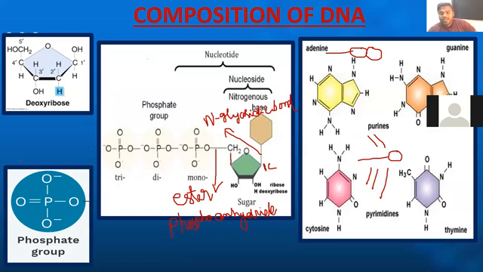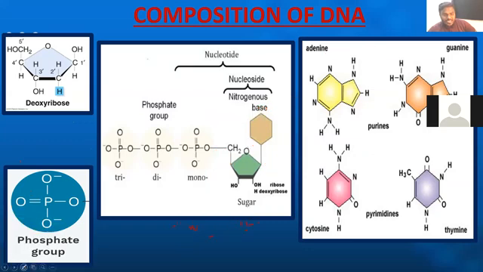So the bond which connects the first carbon of the sugar to the base, we call the N-glycosidic bond. The fifth carbon of the sugar is connected to the phosphate group via an ester or phosphoanhydride bond. You understand that clearly. Now you can ask me, sir, then what is the phosphodiester bond that we read about?